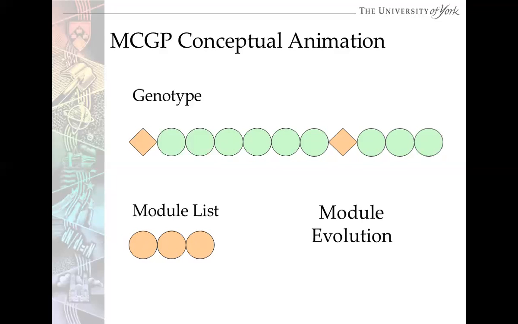Module evolution occurs when we mutate the code inside the modules that are on the module list, on a particular module. I've indicated that here.